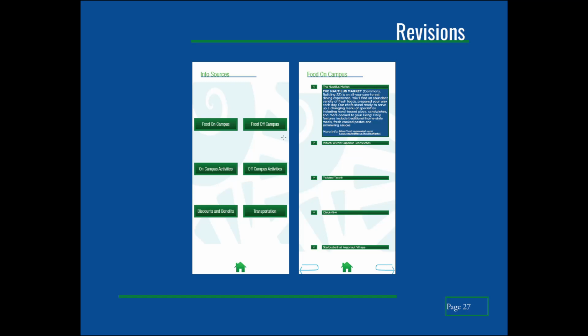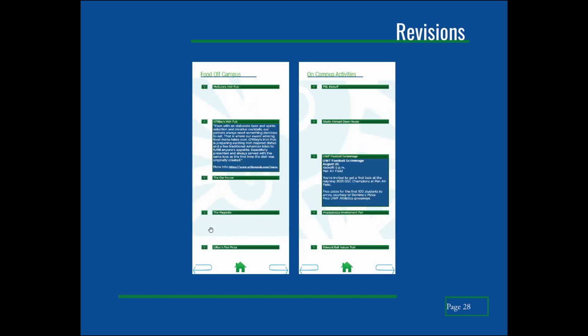Compared to the other version that you saw before, I would say it's probably more aesthetically pleasing to the eye, and has more color as well. I think it improves on the background. And just like before, the arrows take you from one screen to the next, and back to the home page right here, as you can see. And the drop-down menus are also improved upon here.